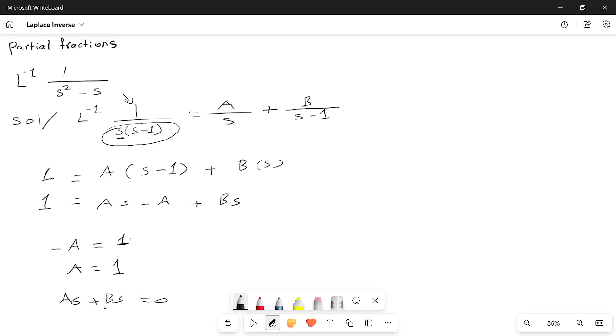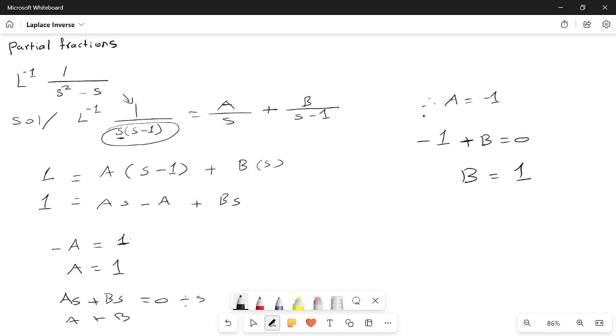So we have As plus Bs equal to 0, and we divide by s, we get A plus B. And since A is equal to negative 1, we have negative 1 plus B equal to 0, so B is equal to 1.